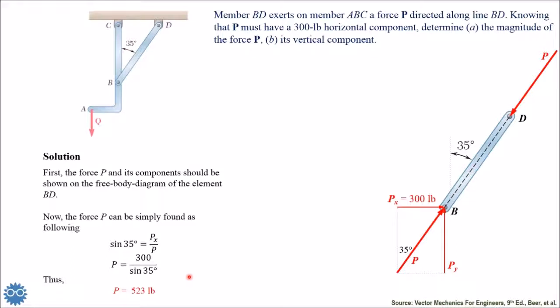So P, the axial force along the member BD, will be equal to 523 pounds.